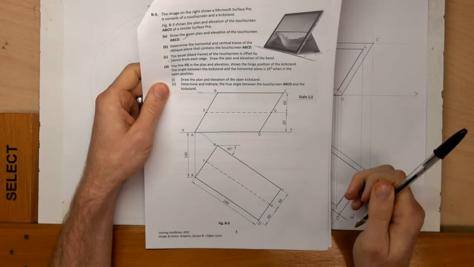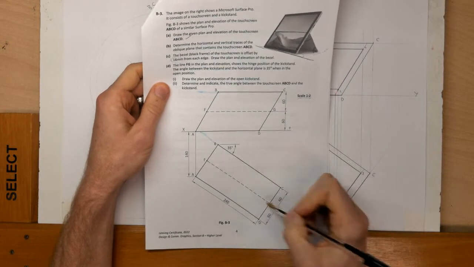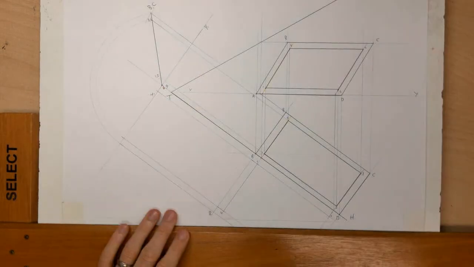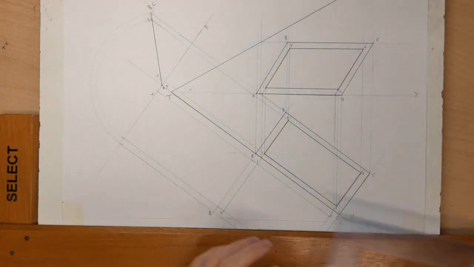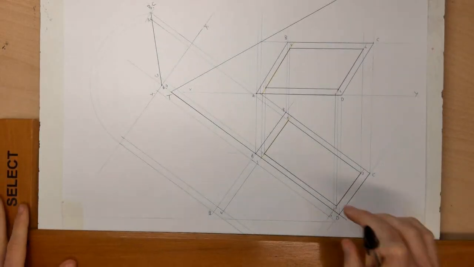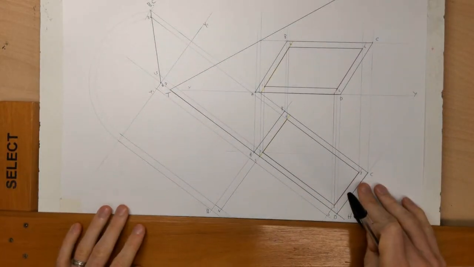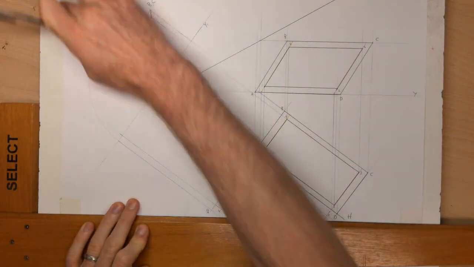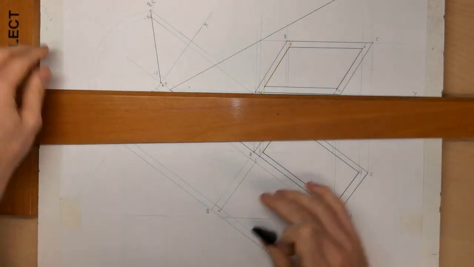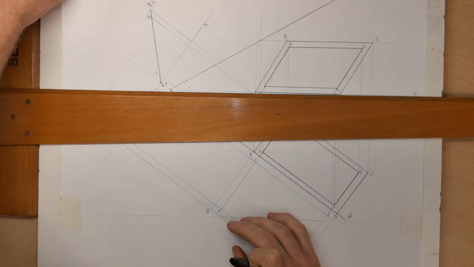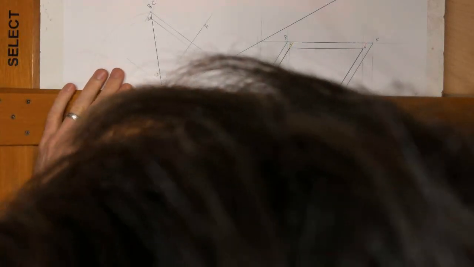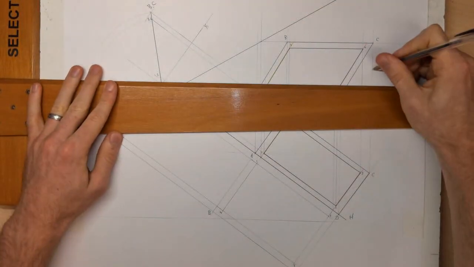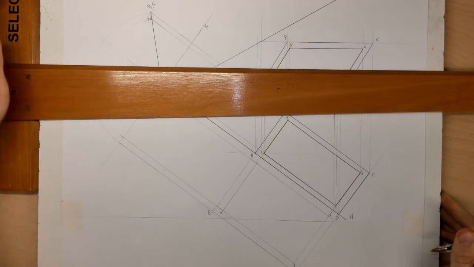Right. So I'm going to start with drawing in my FG, which I didn't draw at the start, just to keep my drawing clear. FG. Okay, so I measured up the height earlier on. I've got that marker there for me.